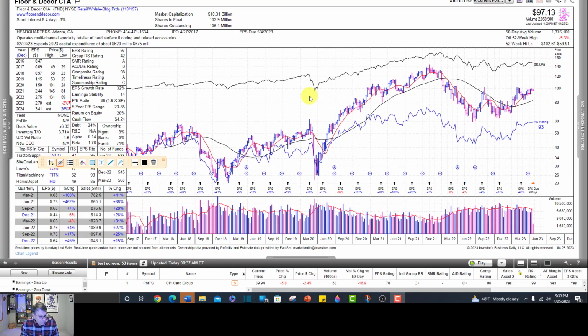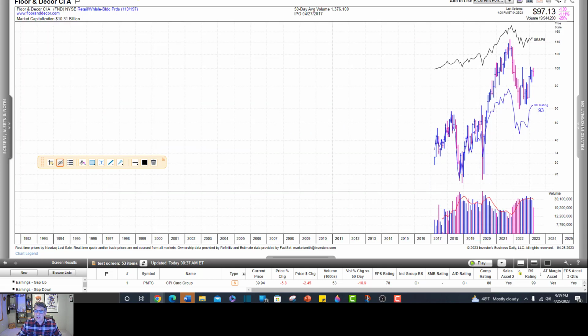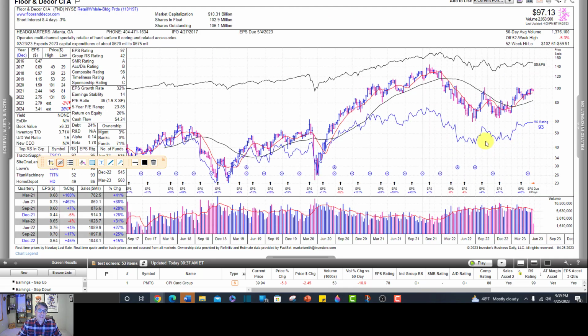So Miko also wanted to hear about Floor and Decor. FND, this one had a nice run in 2020. I did own it for some time during 2020. Let's look at the monthly real quick. It had a strong run for a couple years and has pulled back hard with virtually every stock. And so we see it as making a double bottom here, right?